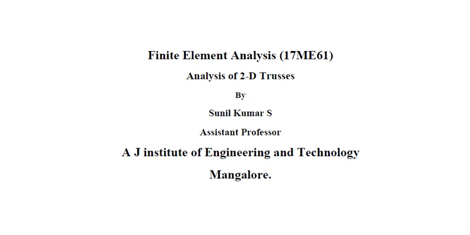So, in this class, I would like to discuss the analysis of 2D trusses, which are a little more complicated than the usual cases. This belongs to module 2 of the syllabus.